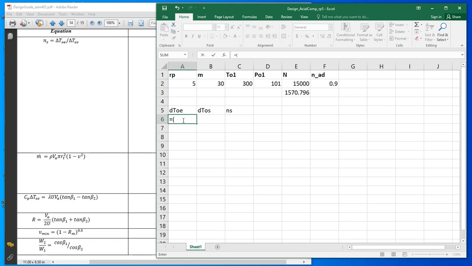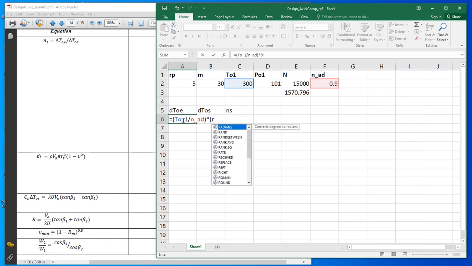Let's feed the formula over here: T0I, which is actually T0_1, divided by the adiabatic efficiency, into RP to the power K minus 1 divided by K, minus 1.